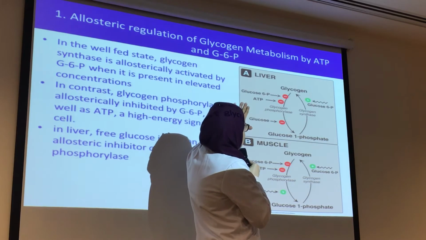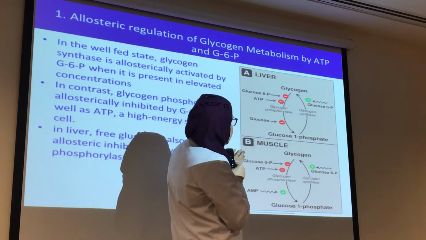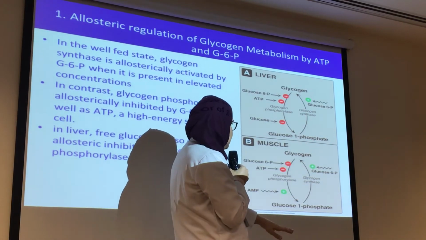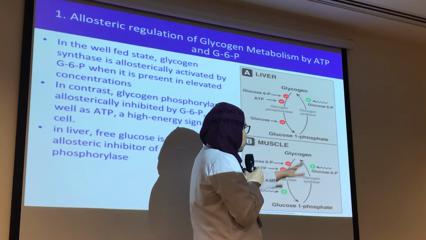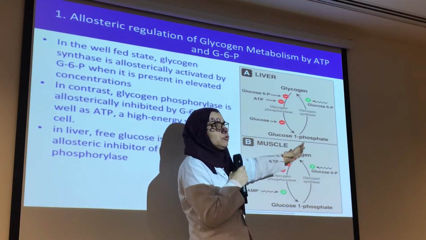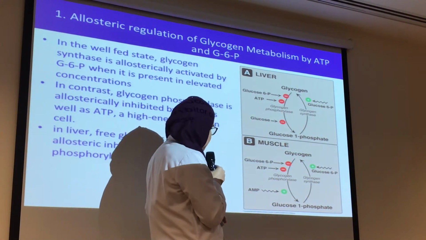So this is regarding the liver. What about the muscle? It's the same scenario. Glucose 6-phosphate means we have enough energy, so we are going to store it. When we have enough energy, we don't need to make more, so we're not going to break glycogen, and we'll inactivate the phosphorylase.